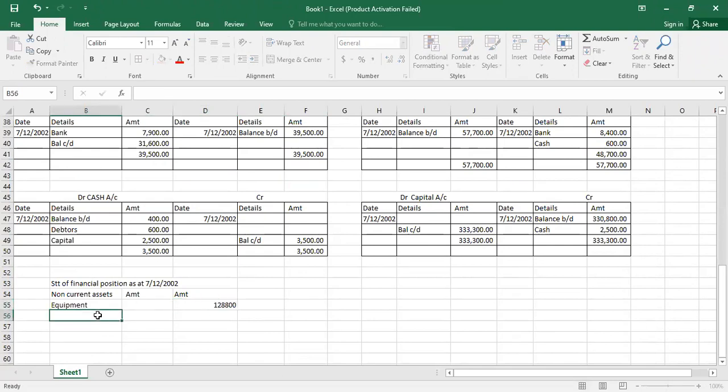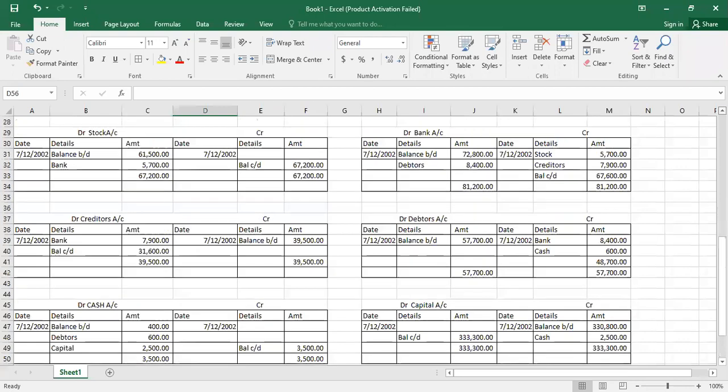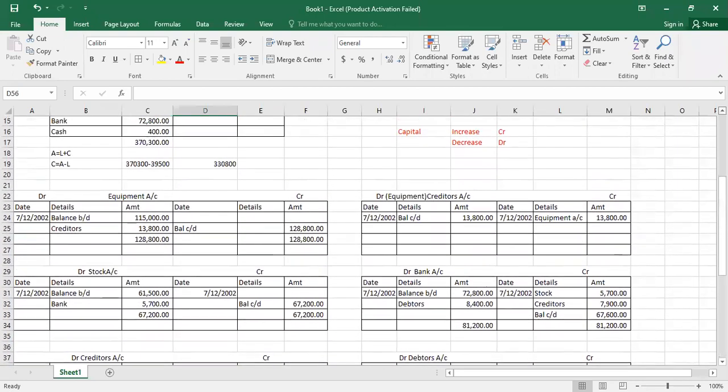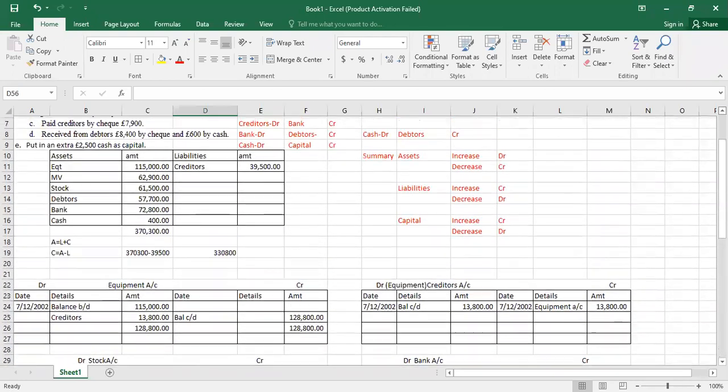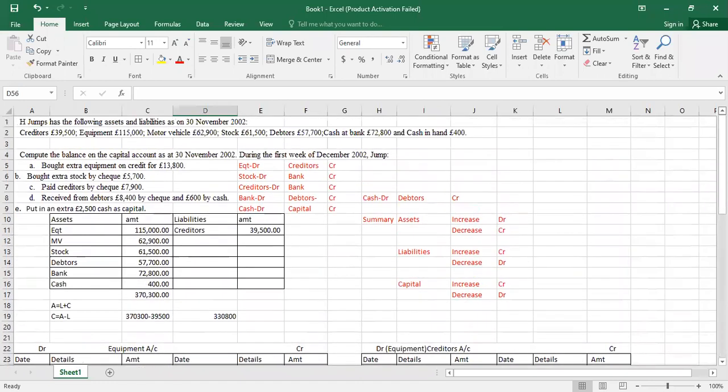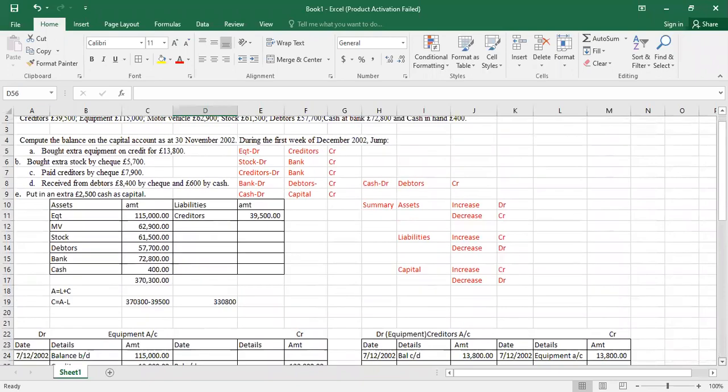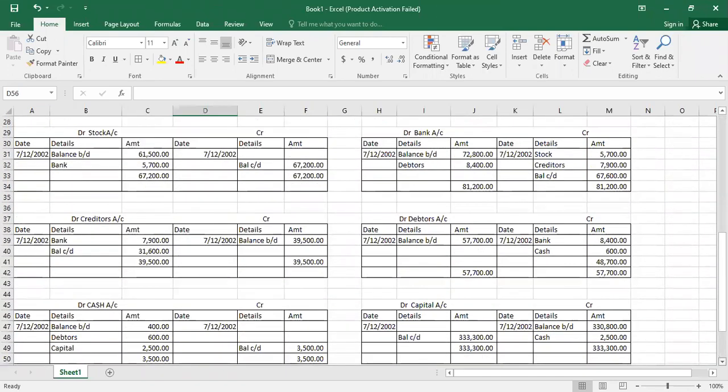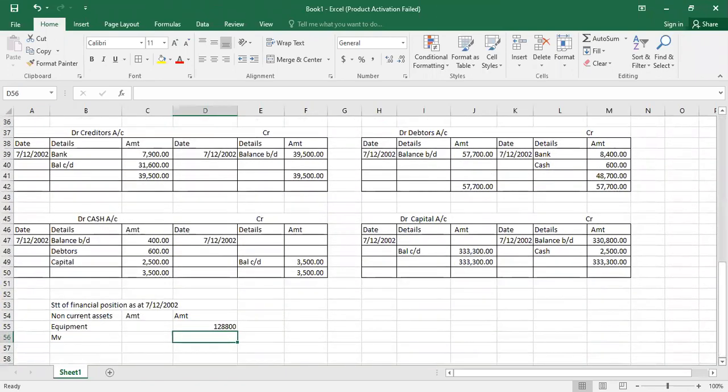The next one is the motor vehicle. The motor vehicle was not affected. The value of the motor vehicle was 62,900. Guys, you are supposed to be opening this question on your end for us to move quickly.